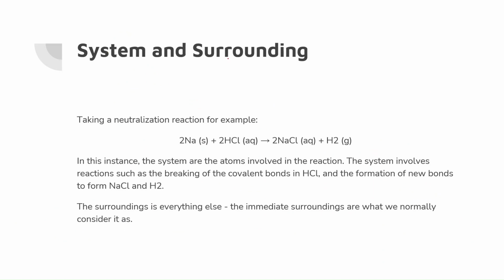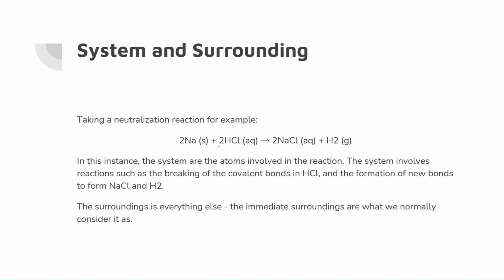Now, systems and surroundings, they are two different entities in chemistry. So let's take a neutralization reaction, for example. In this neutralization reaction, we have sodium reacting with hydrochloric acid to give us sodium chloride and hydrogen. And in this instance, the system is basically the atoms involved in the reaction.